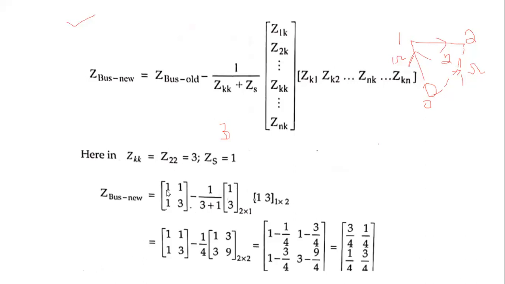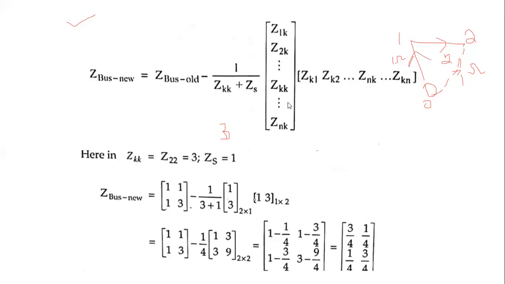This is the Z1K value and this is the ZK1. Next, ZKK is equal to 3. Therefore, this is a 2 by 1 matrix and a 1 by 2 matrix. Then multiply these values and we can form the Z bus new matrix.